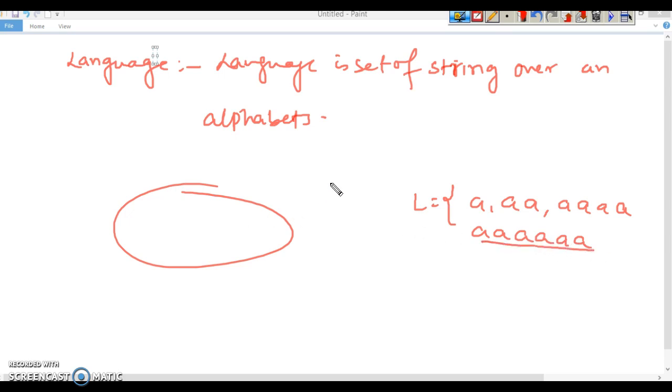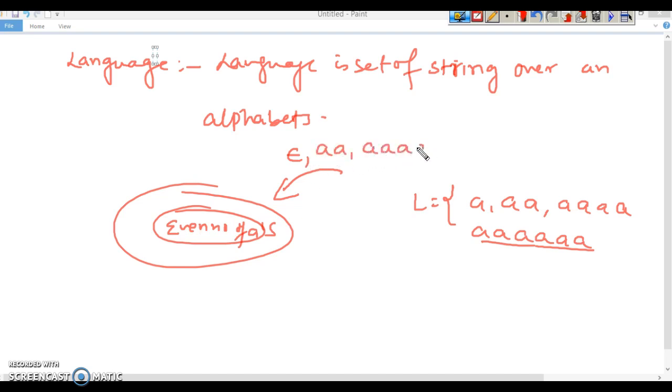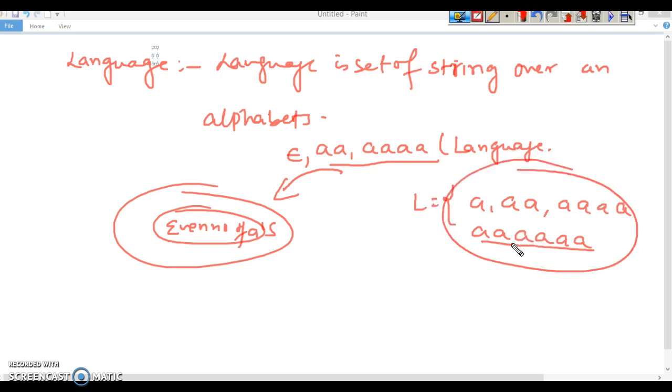But the language is what this machine is designed for. Here the machine is designed for an even number of A's, so the language will be epsilon, which means nothing, which means 0. 0 should also be accepted because 0 is also an even number. 2A should be accepted, 4A should be accepted. All this is your language. Apart from that, any collection of alphabet is called a string, but this machine is designed for an even number of A's, so all even-number inputs form your language. This is the basic point you have to remember.